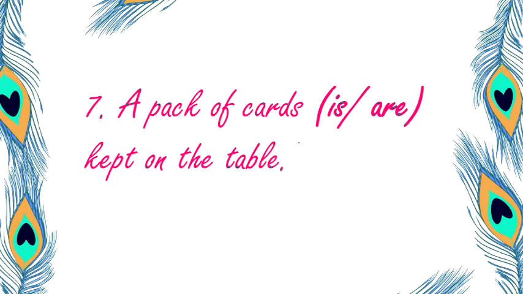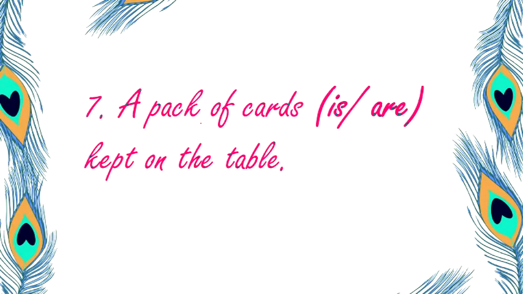Next we have a pack of cards is or are kept on the table. Now we have done collective nouns. So you know that pack is a collective noun of cards. So what is on the table? Cards or the pack? Yes, the main subject is pack, and collective noun is always taken as a singular subject.